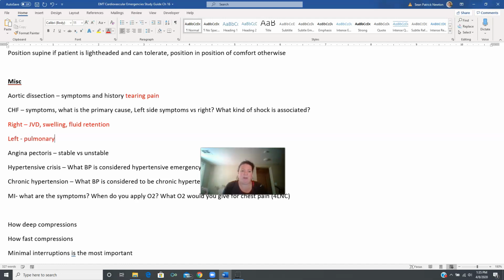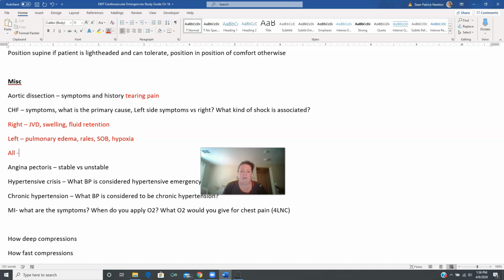So we're looking at pulmonary edema, rales or crackles in the lungs, shortness of breath, hypoxia. And then lower extremity edema, orthopnea. Remember the shortness of breath when you lay them flat. And then shortness of breath, difficulty breathing, fatigue.